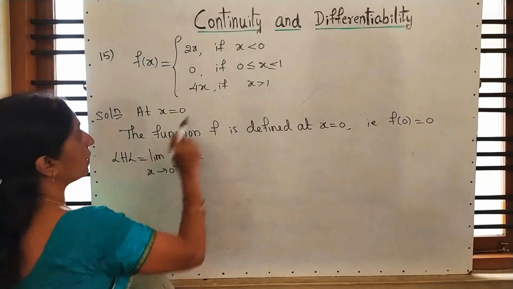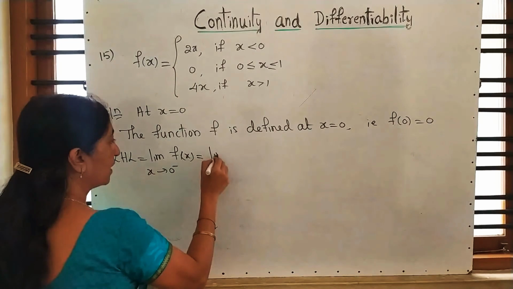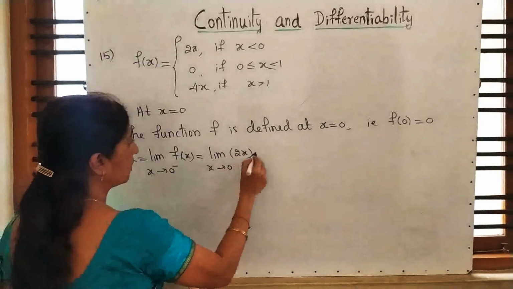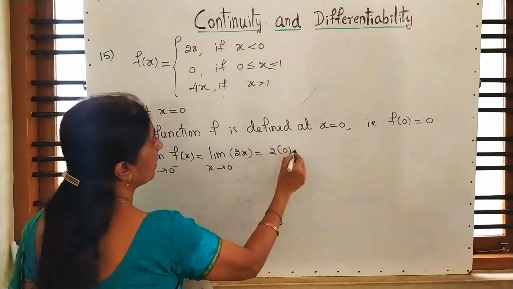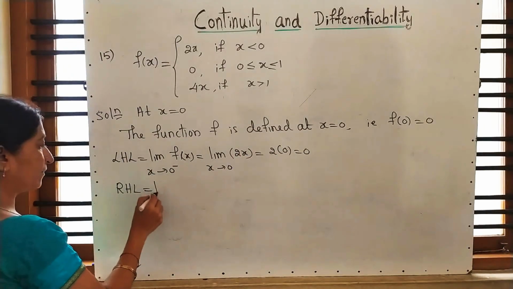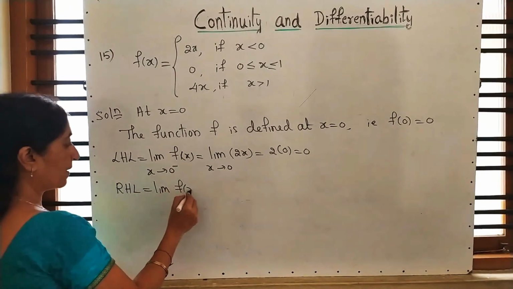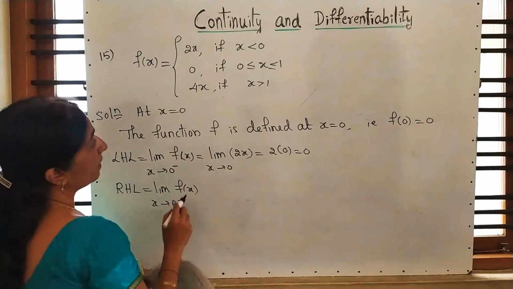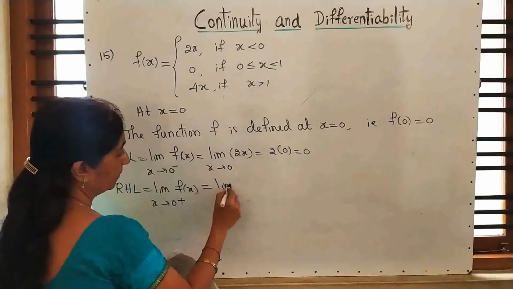Which function are we selecting? We are selecting the first one. Wherever x is there we are writing 0. Next, the right hand limit: limit f of x as x tends to 0 plus, where x is greater than 0, in the second expression.